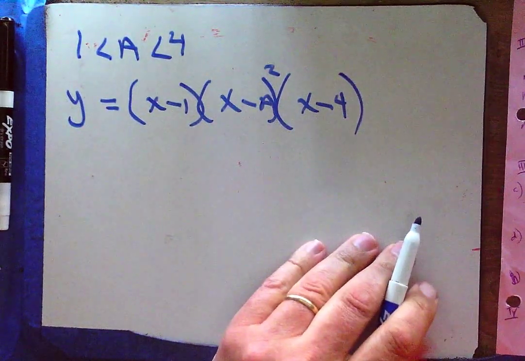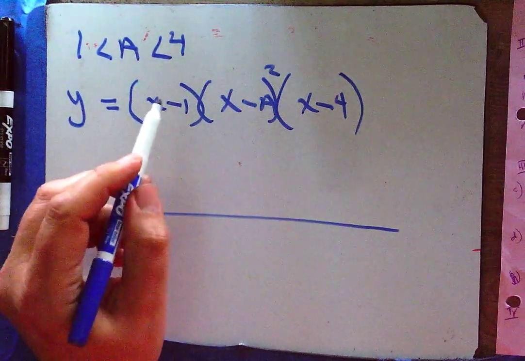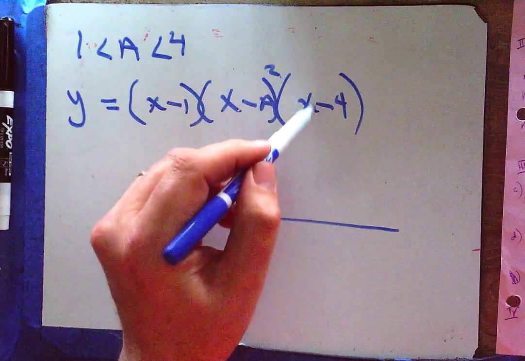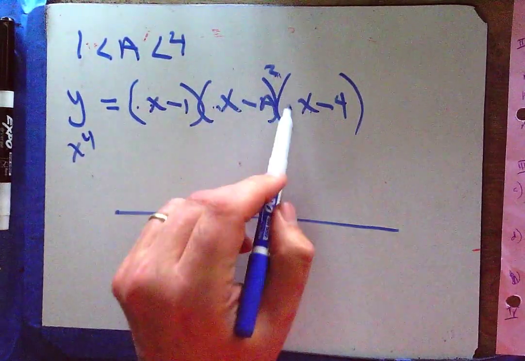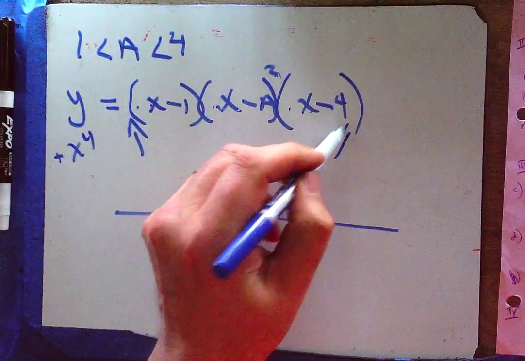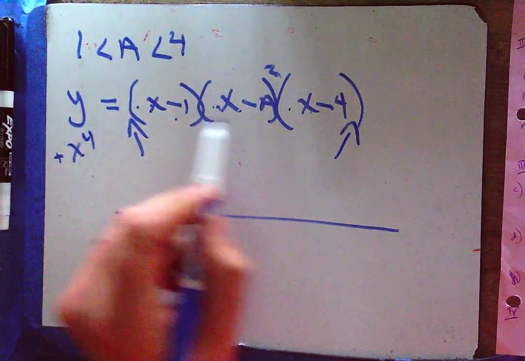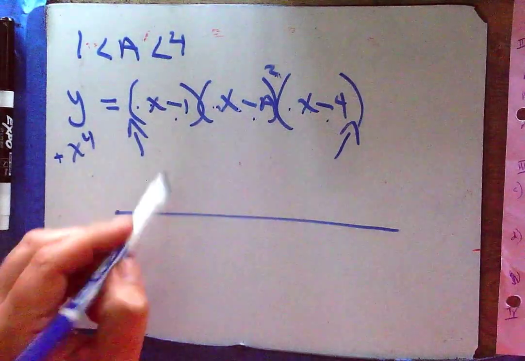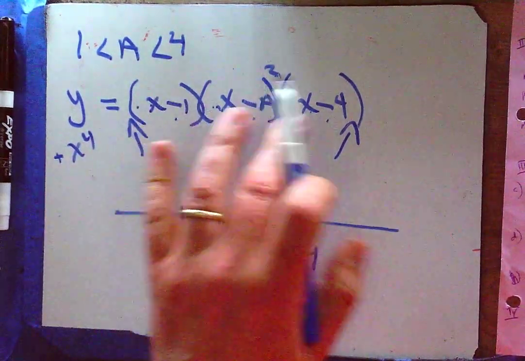See, a. Now, when I look at this problem, I see x times x squared times x, that's x to the 4th. I have a positive times a positive times a positive, so I have a positive leading coefficient. I know the ends both go up. Where are my x-intercepts? At 1, a, and 4.